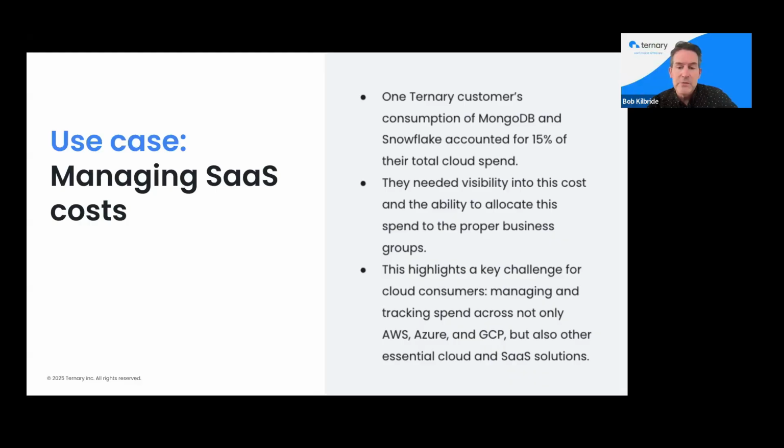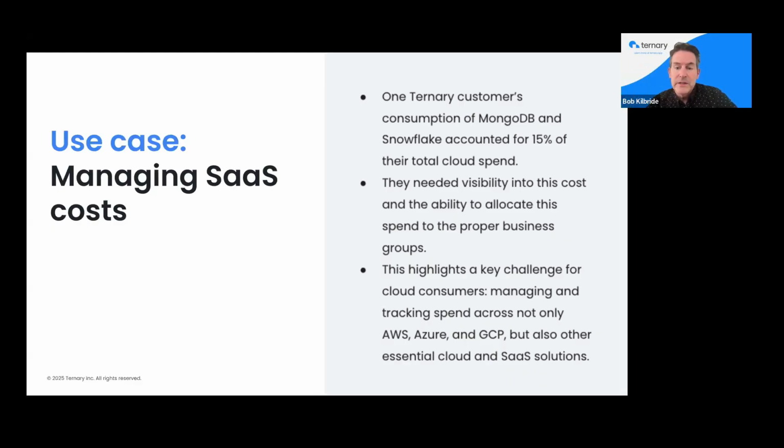So when you look at what they were spending on CSPs, Snowflake and Mongo was 15% of the total spend. So it's a significant amount of the spend. And they're using these solutions to drive the applications that are consuming that cloud infrastructure. So it's just as important to get visibility into these applications as it is to get visibility into the CSP data.